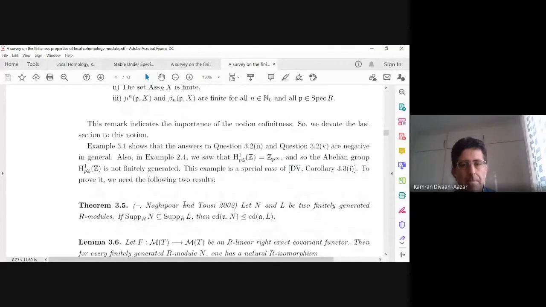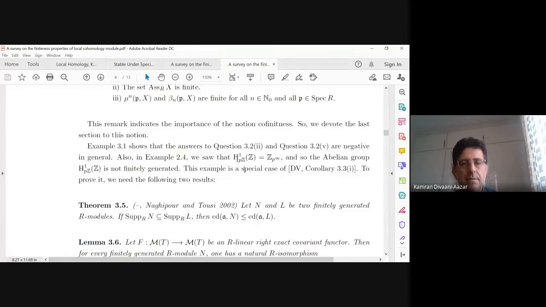And also, we saw in example 2.4 that the first local cohomology of Z with respect to pZ is Z_p to infinity over Z. And this abelian group is not finitely generated.